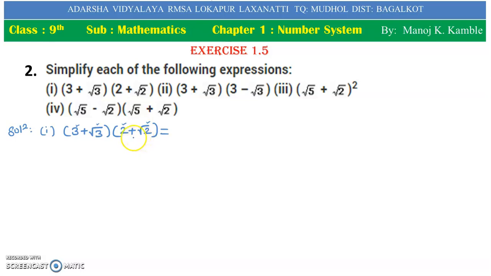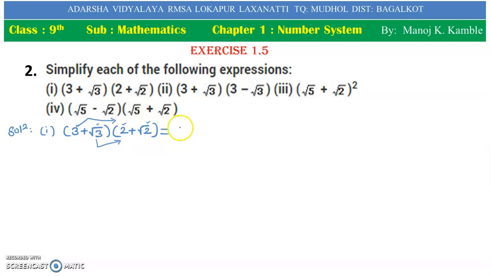So now for this we have to use the distributive property. The first term, that is 3, into the total multiplication, and the second term into the total multiplication. So this is the distributive property.